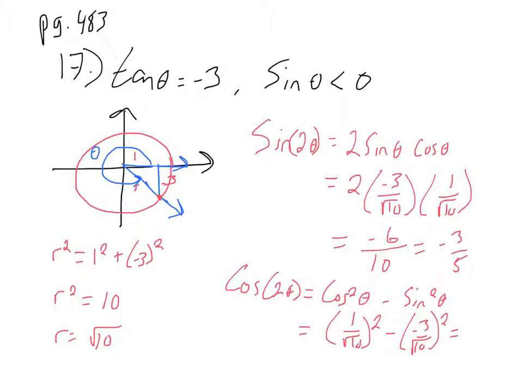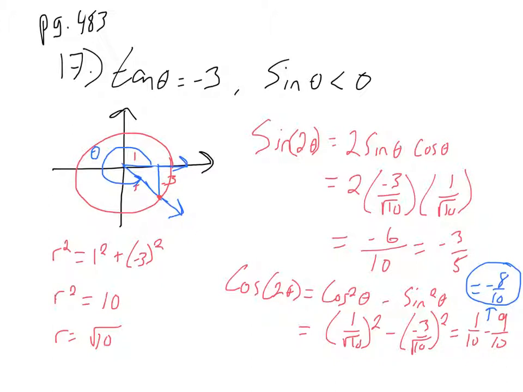And so we end up with 1/10 minus 9/10 for -8/10. So -8/10 is what we end up with for cosine 2 theta.